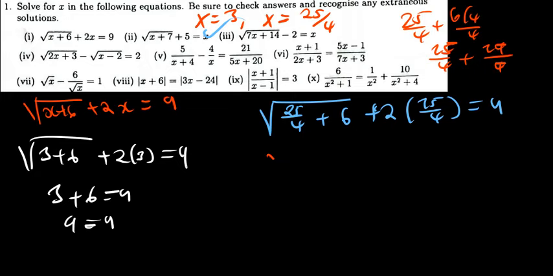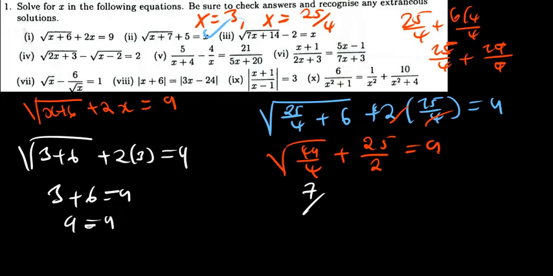Meaning in the square root, I've got 49 over 4 plus 2 times 25 over 4, which is going to give me 25 over 2, because 2 and 4, the 2 is going to go, so I'll remain with 2 there, is equal to 9. The square root of 49 is 7. The square root of 4 is 2, plus 25 over 2 is equal to 9.